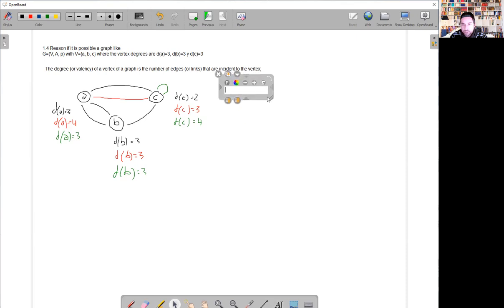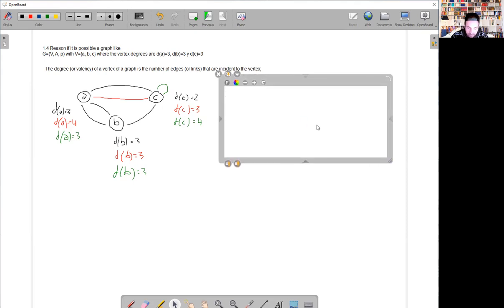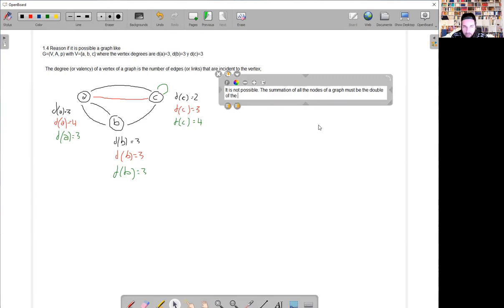So let's write the answer to this problem. It is not possible. Why? Because the summation of the degrees of all the nodes of a graph must be double the number of edges.